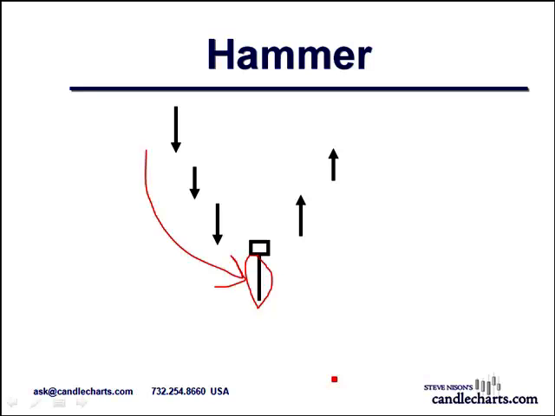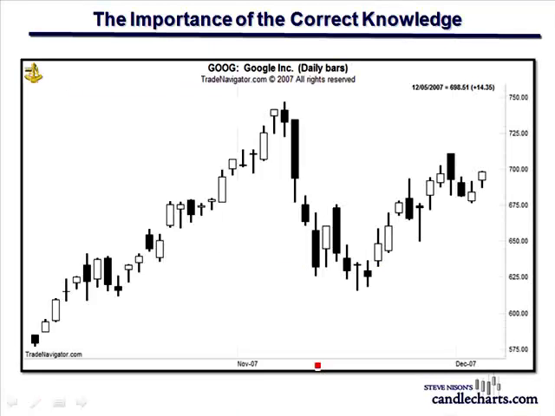The real body can be black or white, and it's okay to have a little bit of an upper shadow. Now, the hammer, you can see by the shape of the line, it's potentially a positive signal with a long lower shadow. But what we're going to do now is make sure you're looking at the candlesticks correctly, especially the hammer. So with that in mind, let's look at the next slide.